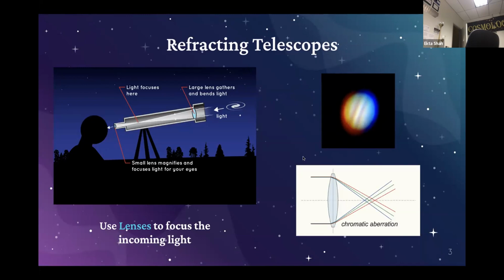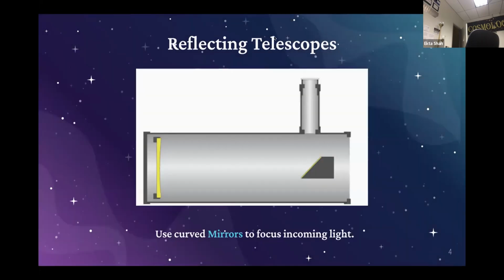So we prefer now reflecting telescopes, which are the telescopes that use mirrors to focus the incoming light. So here the orange ray is showing you how the light is coming in. This is your primary mirror. It's a little curved, so it's focusing the light on your secondary mirror.